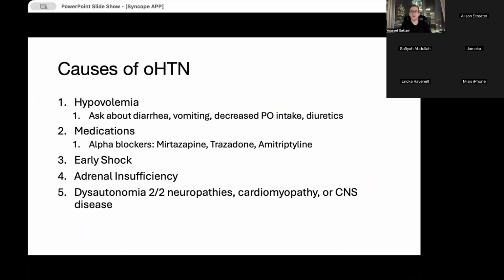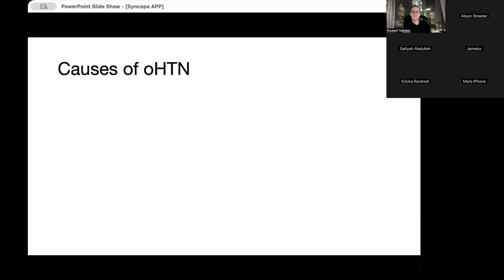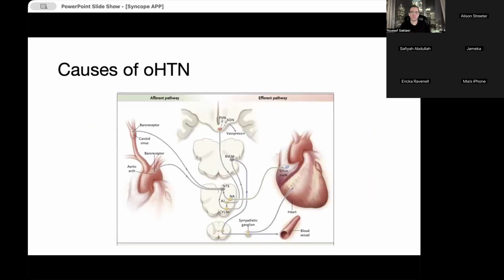The nerves in your heart notice that there's less fluid coming to it. That sends a message to your nerves to increase the sympathetic tone. The sympathetic tone goes to your heart and to your blood vessels. Your blood vessels have to constrict, your heart has to pump faster, and then your blood pressure goes up.